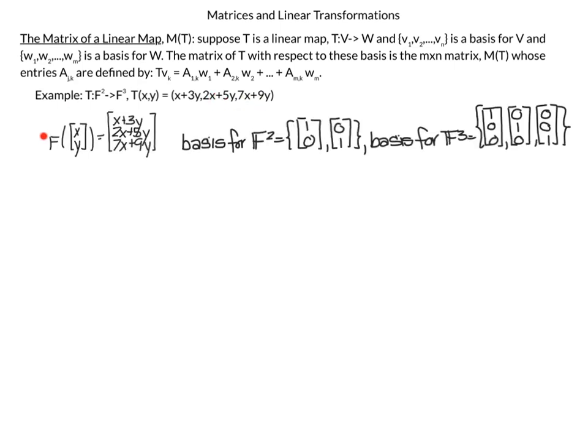I'm going to go ahead and write T in column form, so our T of x, y is equal to x plus 3y, our second coordinate will be 2x plus 5y, and our third coordinate will be 7x plus 9y. And our bases for F2 is (1, 0), (0, 1), and our bases for F3 is (1, 0, 0), (0, 1, 0), and (0, 0, 1).